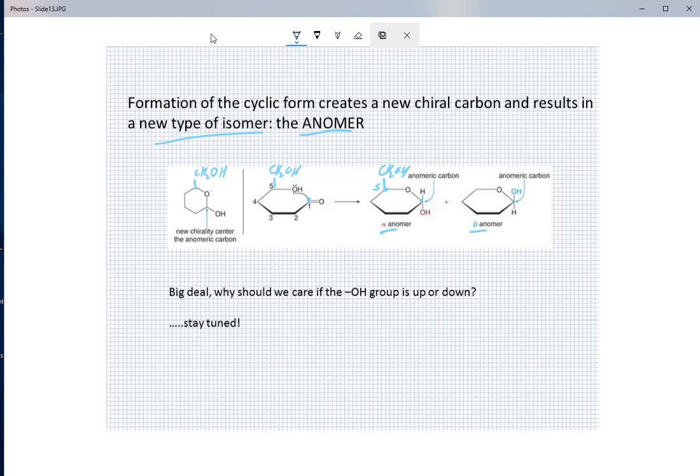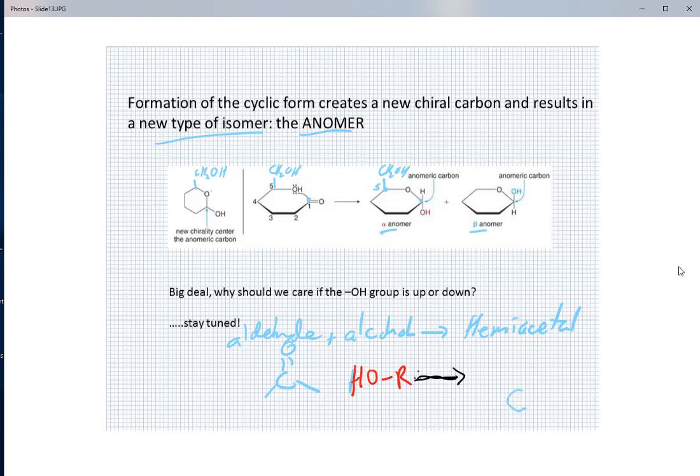So first off, if we take an aldehyde and we add an alcohol to it, this gives us a hemiacetal. That's the name of that functional group. The aldehyde, there we go, the alcohol group. These guys come together.